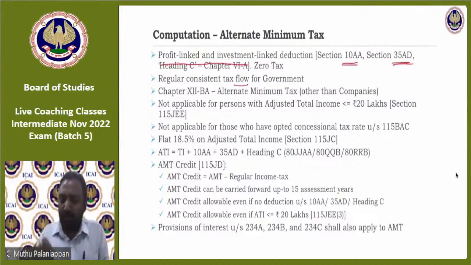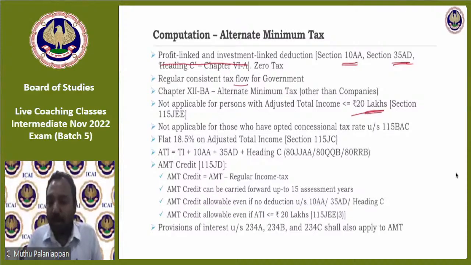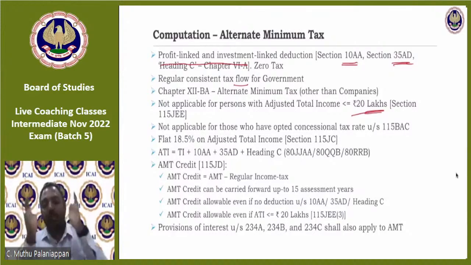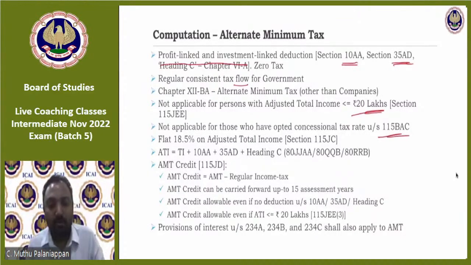And this provision will be applicable only to those whose adjusted total income is more than 20 lakhs. So this provision is not applicable for persons whose income itself is less than 20 lakhs. And of course, if I'm choosing 115BAC, this provision does not apply. So it is not applicable for those who have opted for the concessional rate under 115BAC.